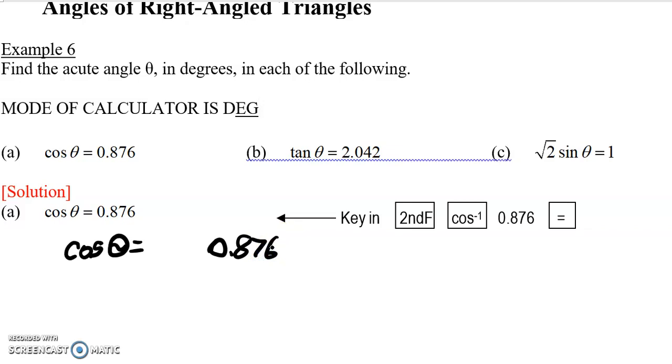Okay, so I only want theta on my left hand side. But what can I do to have theta on the left hand side when I have cosine theta? I will be adding an inverse function on the left hand side here. Now, remember your equations, if I do anything on the left hand side, I must also do it on the right hand side.